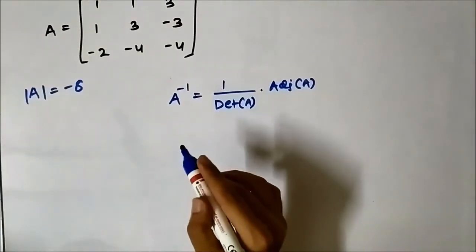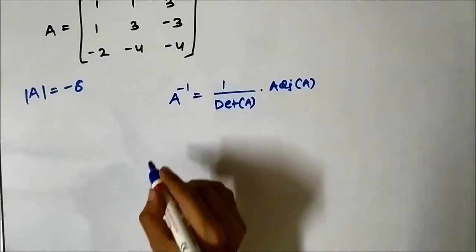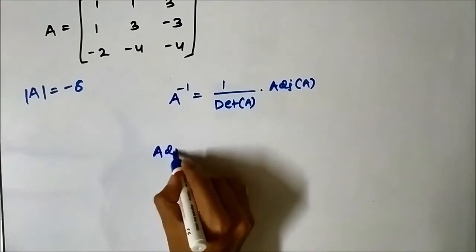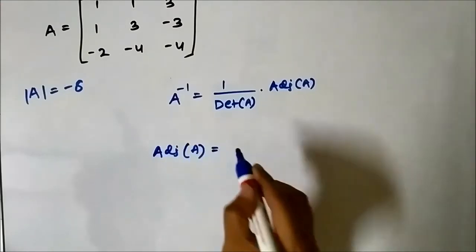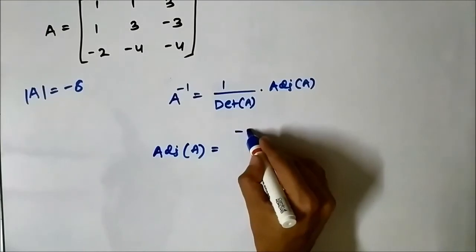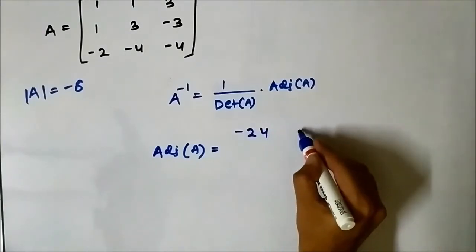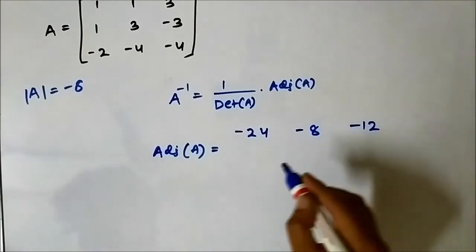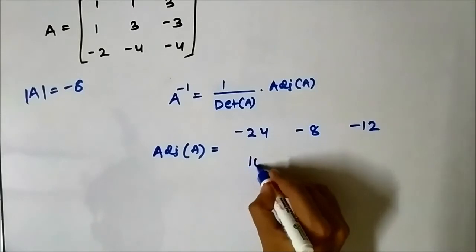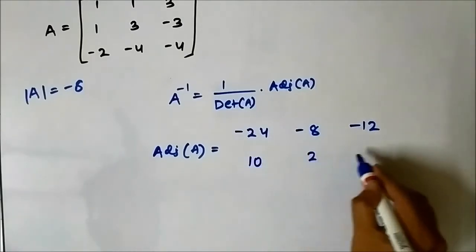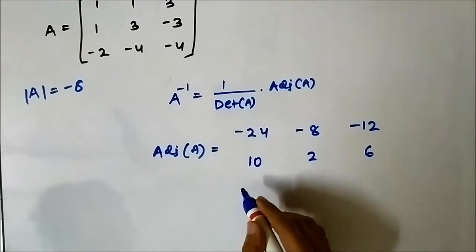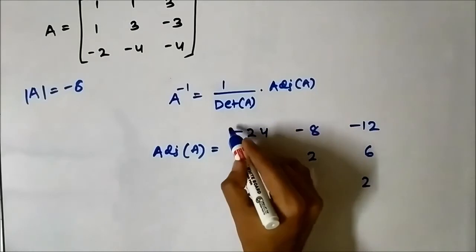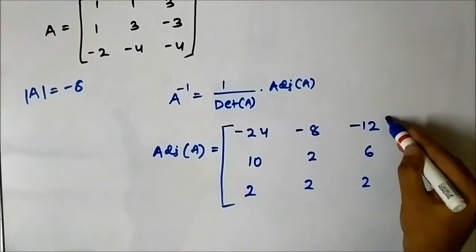The adjoint of A is equal to minus 24, minus 8, minus 12, 10, 2, 6, 2, 2, 2. This is the adjoint.